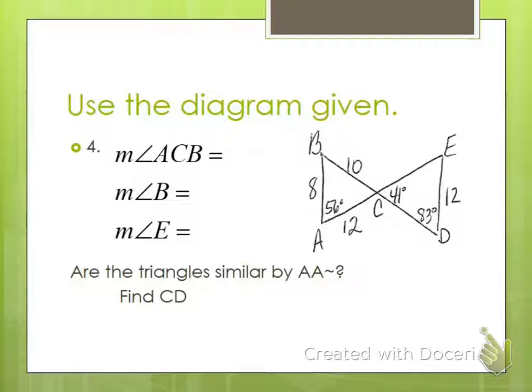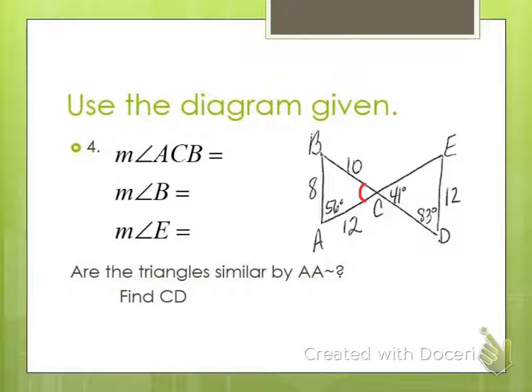The first part of question 4 asks for the measure of angle ACB. Remember, when we name with 3 letters, we start at the first one, A, go to our vertex at C, and then out to B. So we're talking about this angle in here, ACB.